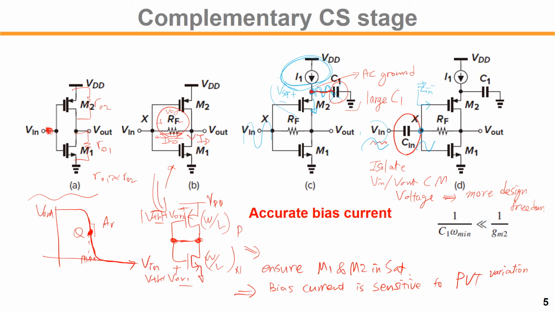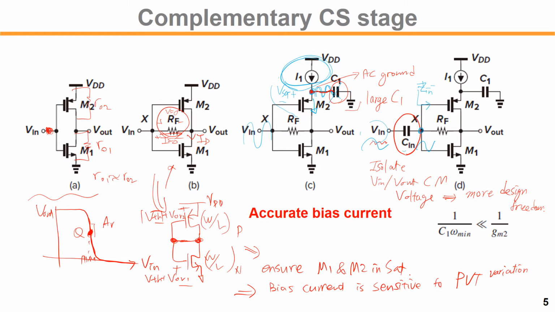Signal frequency, we have to pass the signal. So the bandwidth of the input network, for example, can be determined by the input network C in and G in.